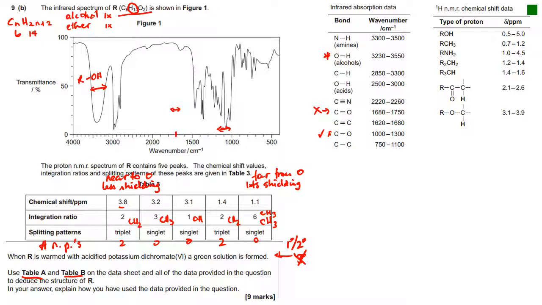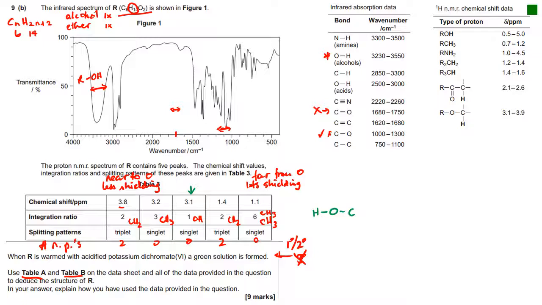Let's start with our OH group. We've got an OH group there for our integral 1 at 3.1 chemical shift. So we know that, and that's going to be connected to an R group, but we're just going to start with a carbon. So that's the first thing we can write down.